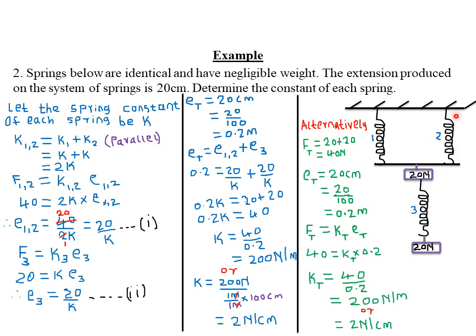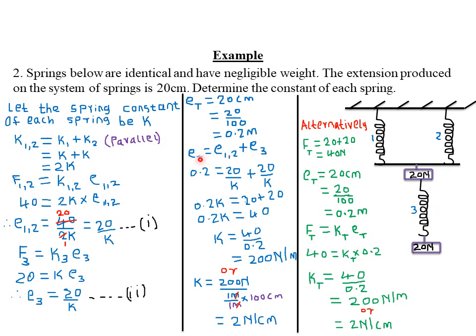So that's why we are saying that E total, that is the total extension, is equal to E1,2, the extension due to spring 1 and 2, plus E3, the extension due to spring 3.